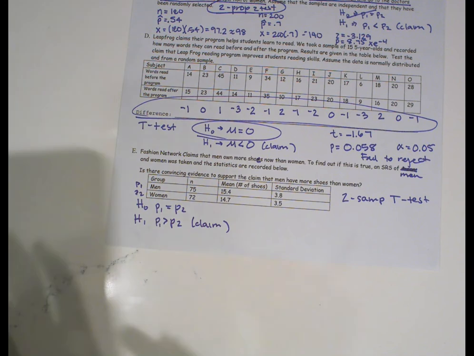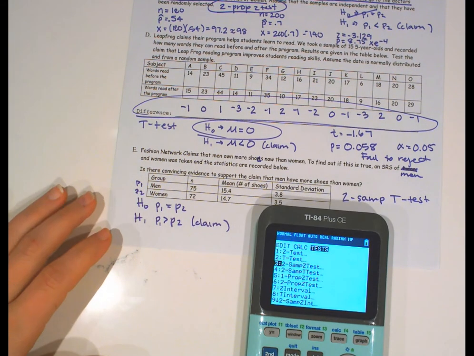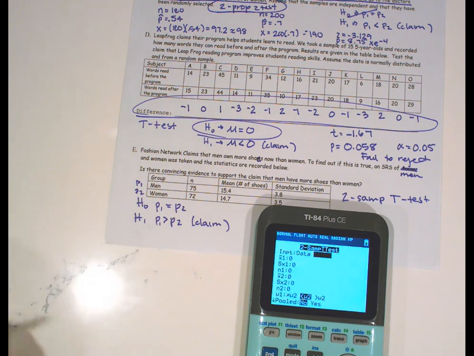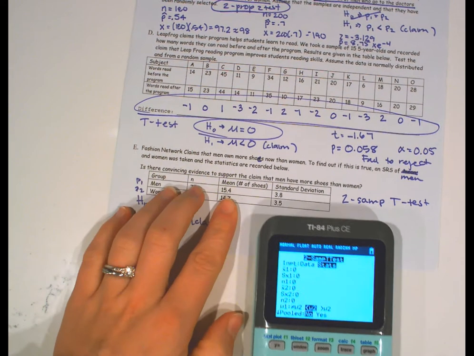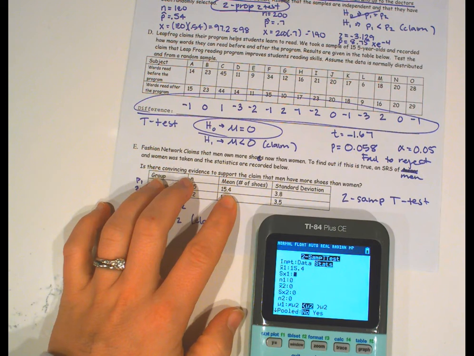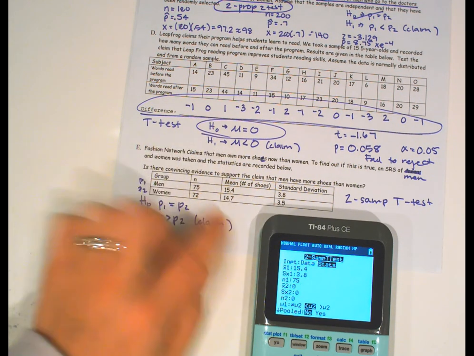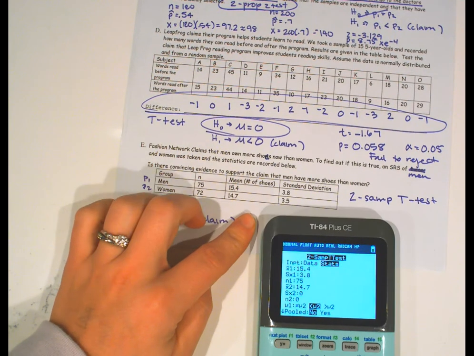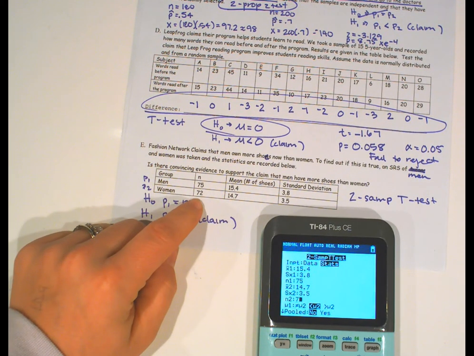All right, so now I'm going to run my 2-sample t-test. I'm going to type in stats because it's not in a table. So my mean was 15.4, standard deviation 3.8, N is 75. Mean is 14.7, standard deviation 3.5, and N value 72.